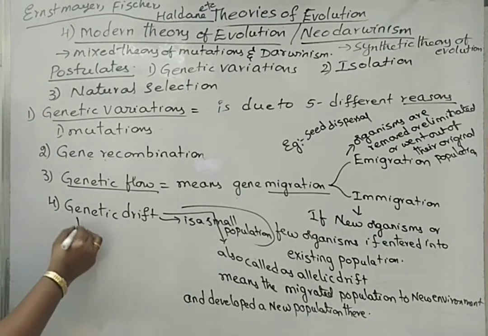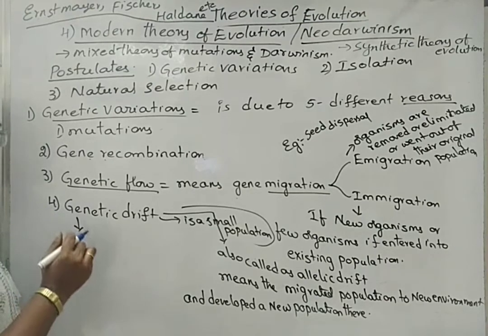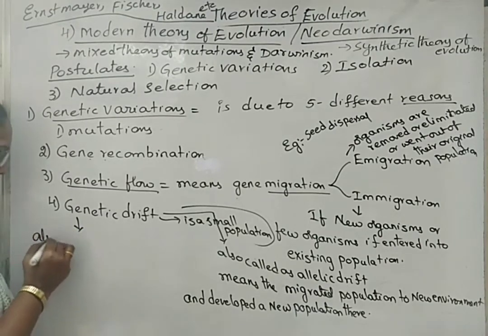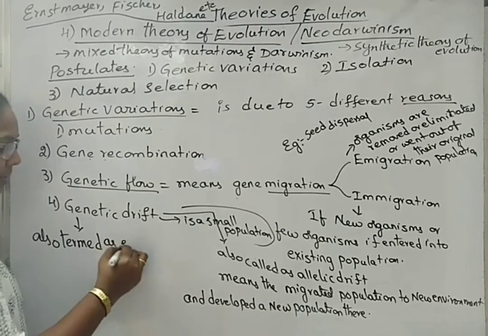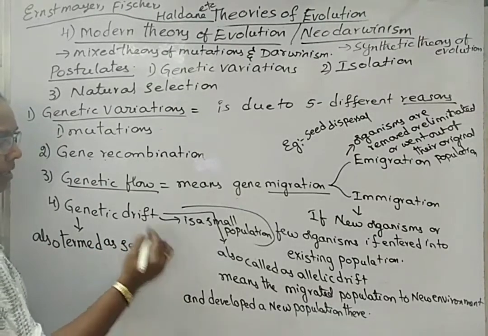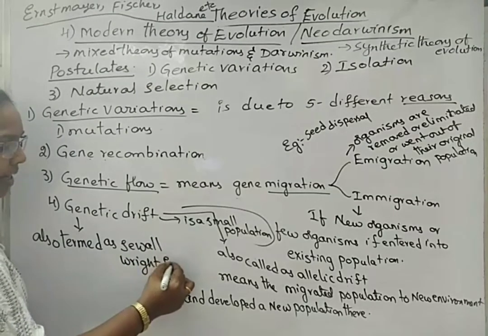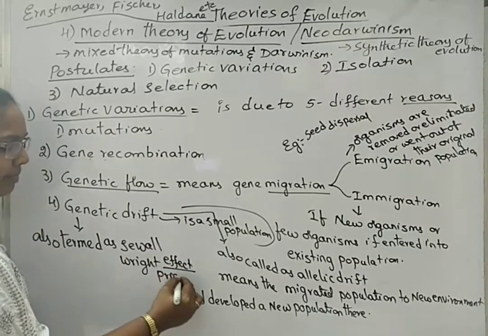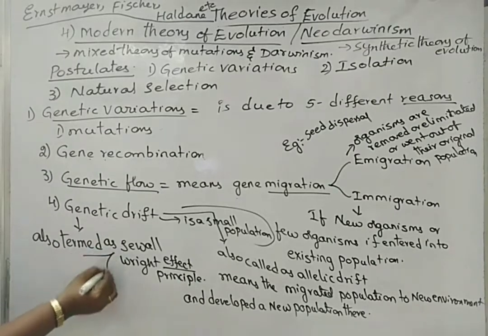This genetic drift is also said to be the Sewell-Wright effect or Sewell-Wright principle, and it is of two types.